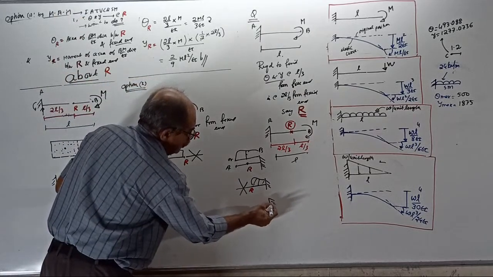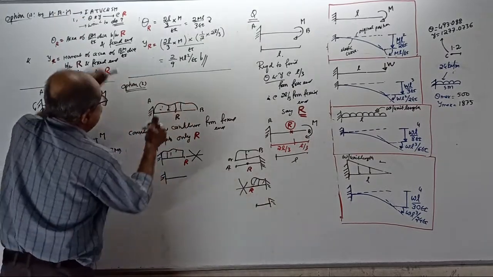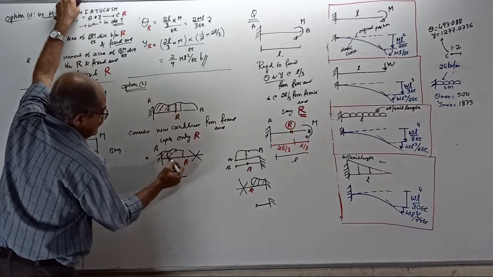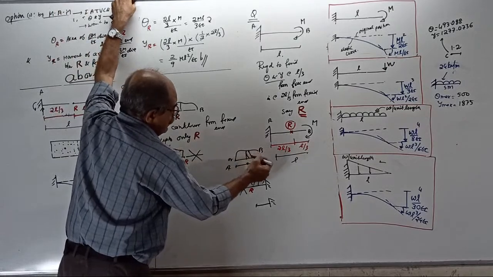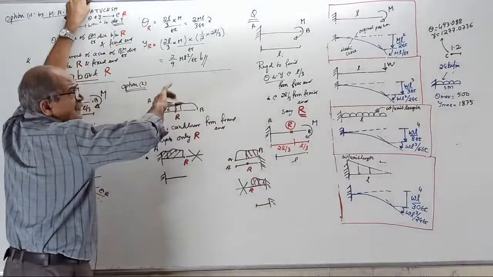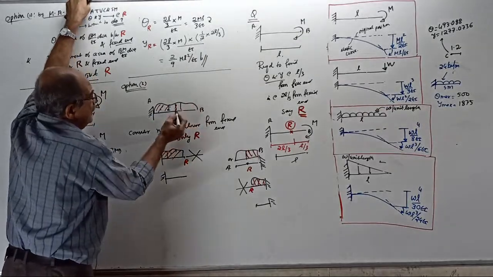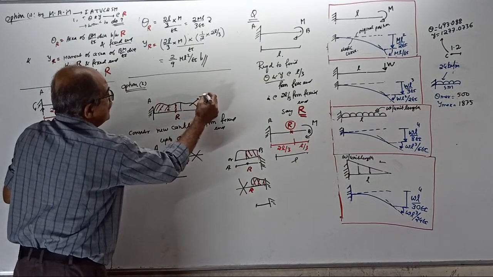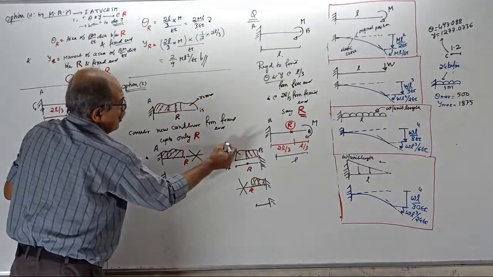Anybody can tell me what to do? See, this load should be applied here. Then the loading on the remaining portion, that is, this is removed.